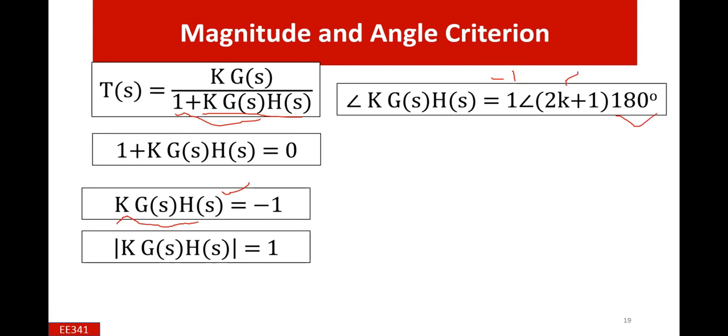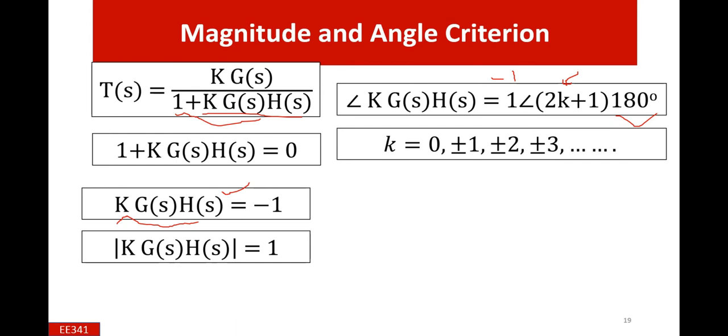It is a variable part which depends on k, so the angle is an odd multiple of 180 degrees. So if we find the total angle of the open loop transfer function, it is always an odd multiple of 180 degrees. This is the second major conclusion, a property relating the closed loop transfer function and the open loop transfer function.